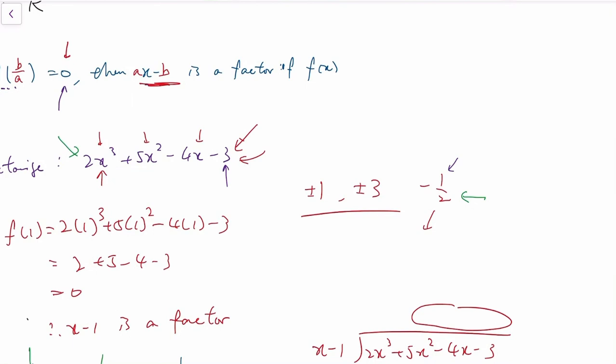So in this case, factors of 3 are only ±1 or ±3, while factors of 2 are only 2 or 1. If you put it over 1, that's like nothing. So all the possibilities would have only been ±1/2 and ±3/2.